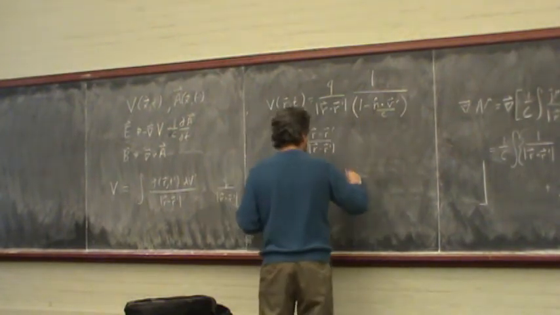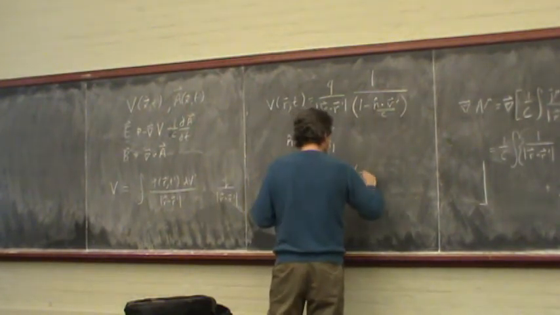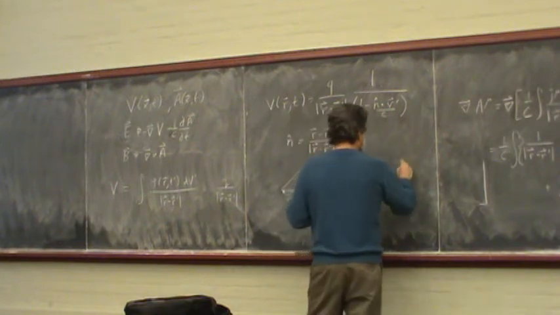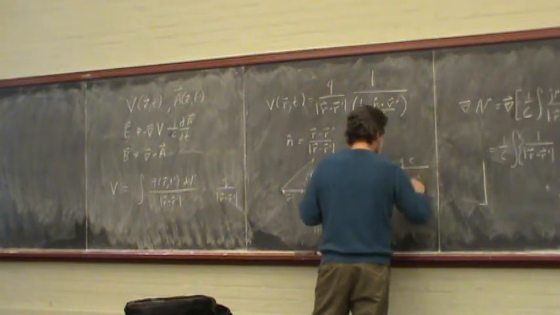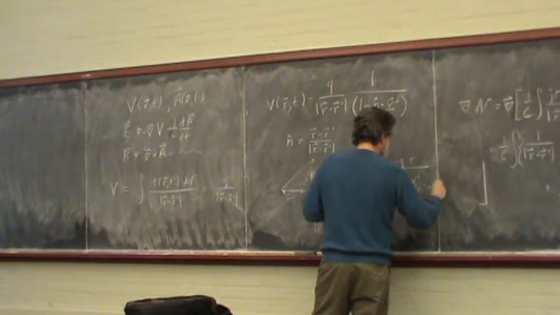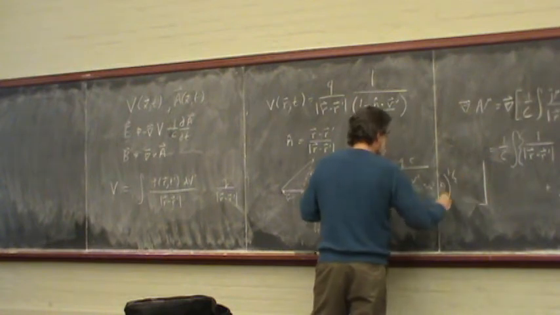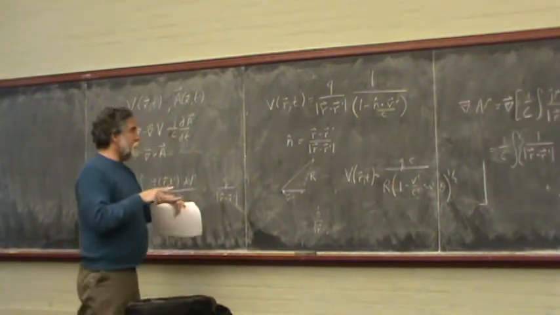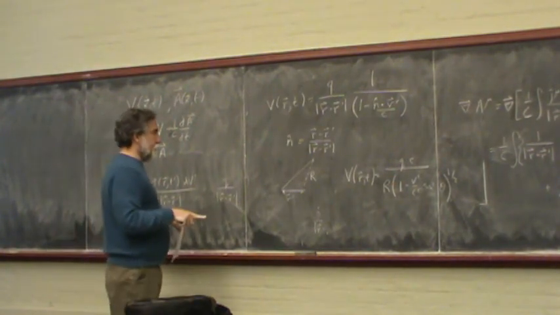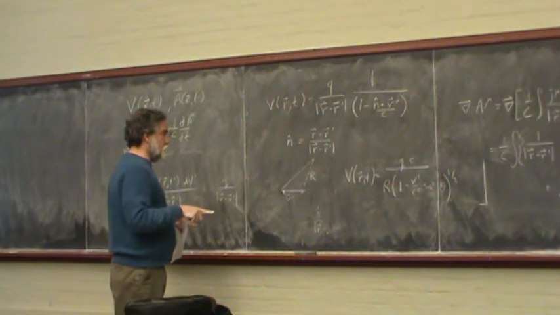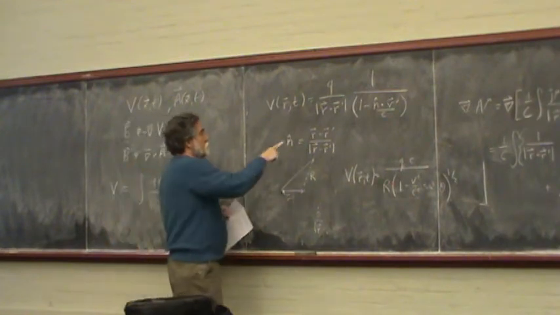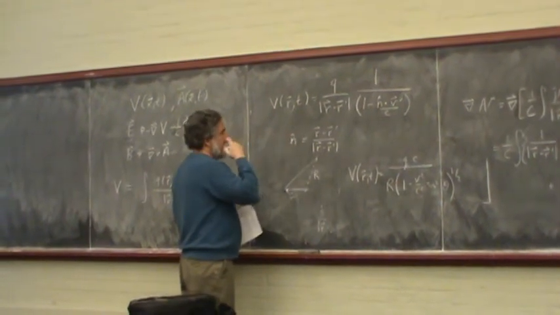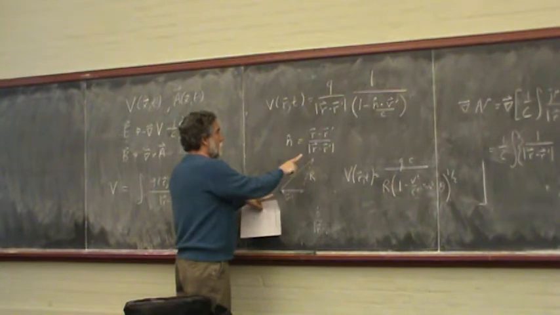That potential then comes out to be, now I have to think about the direction, about sine theta. Sine theta is the angle between, so I've got n, that's a vector that points from r prime to r.